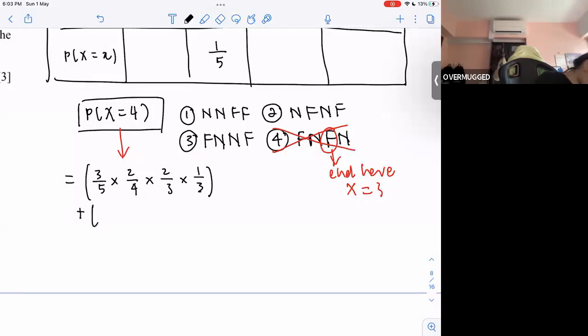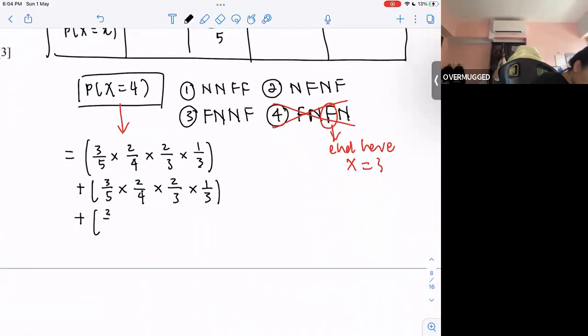Second scenario, I have 3 out of 5 times, again, I have 2 40s, right? So 2 out of 4, but I have 2 not 40 left. And then the last scenario is my 40 is actually first.